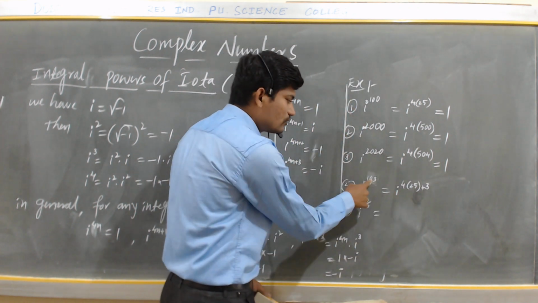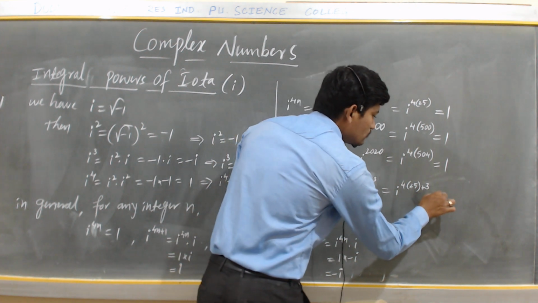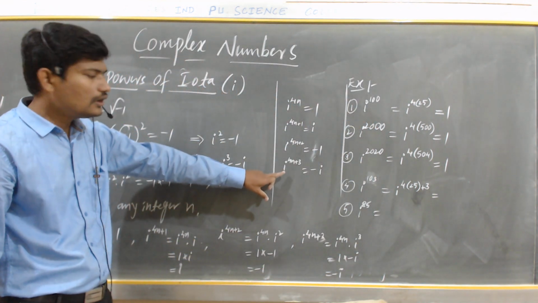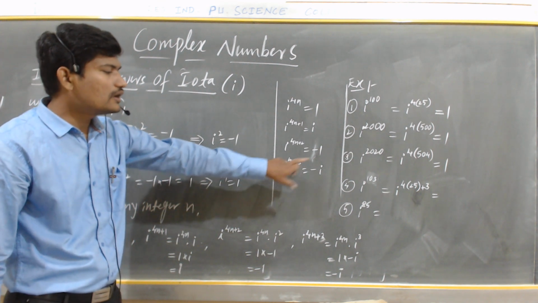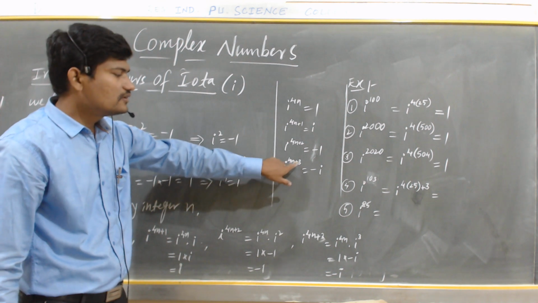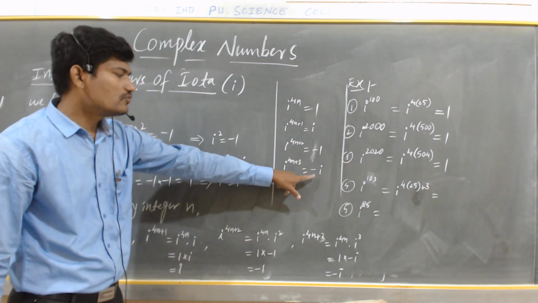Then only you will get 103. Now check it, students, the formula is already here: i to the power of 4n plus 3, where n is 25. So your value will come what?